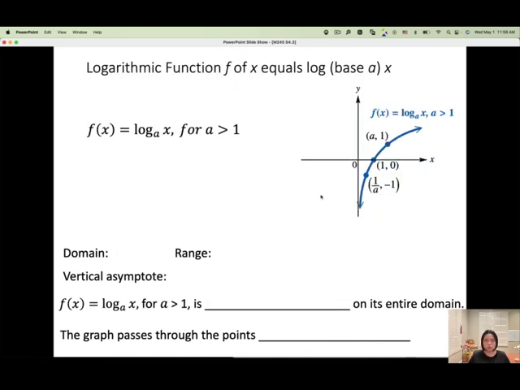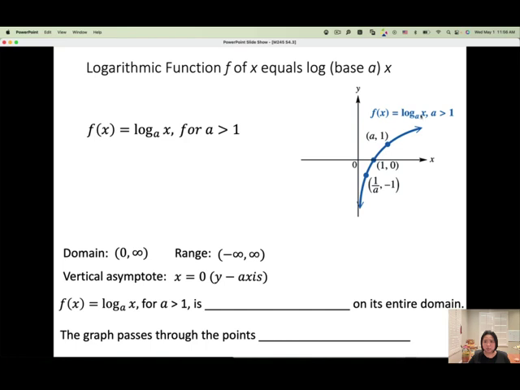Okay, how about this one? This is a log with the base a of x, and a is going to be greater than 1 here. Think about it. What's the domain, the range, and the vertical asymptote? Domain will be from 0 to positive infinity. Range, negative infinity to positive infinity. Vertical asymptote, that will be x equal to 0.